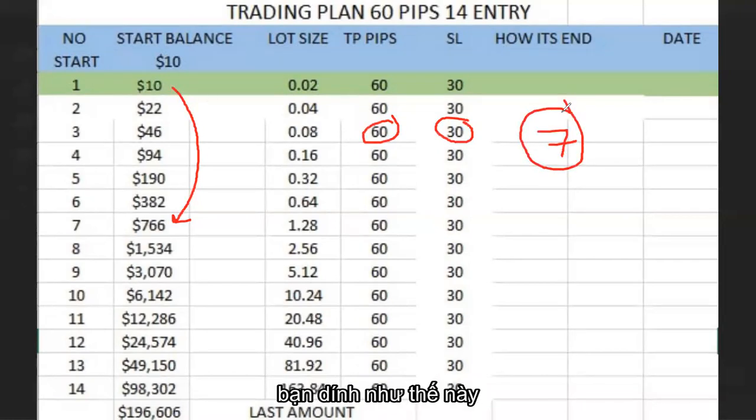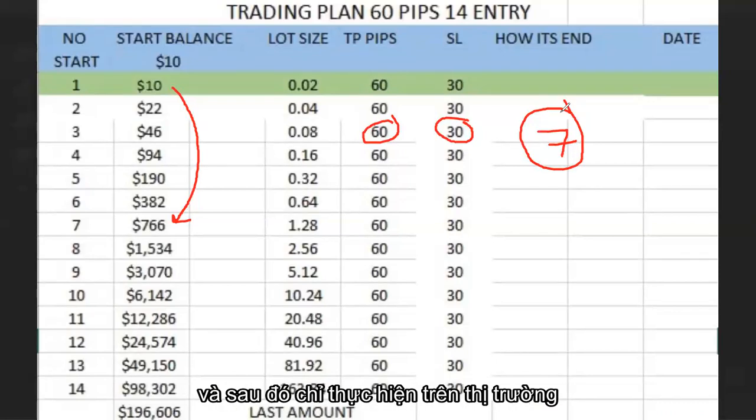For example, in a day you need to get 2 TPs: find 2 quality entries, execute on the market and get 60 pips twice, and then you finish this $10 to $766 in about 3 days.